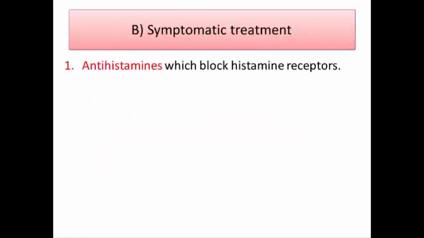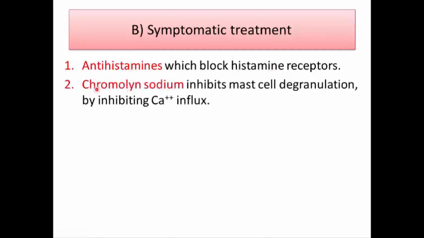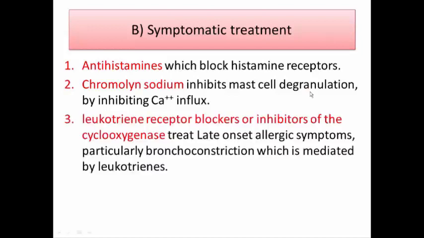Symptomatic: I'm just treating the symptoms here. We can give the person antihistamines, because histamine is a very important mediator; antihistamines block the histamine receptors. Cromolyn sodium prevents calcium influx, so it will prevent mast cell degranulation and the release of mediators.